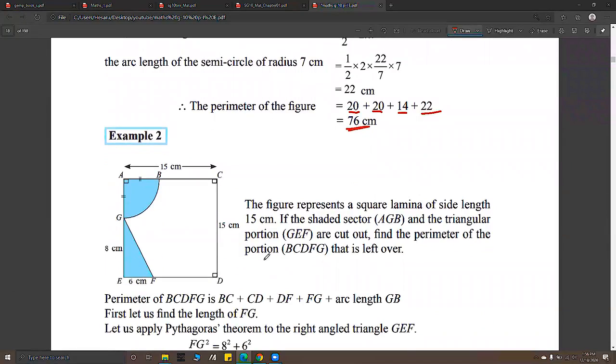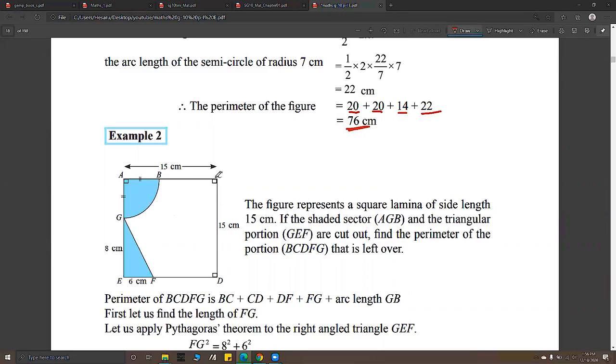In this case, the figure represents a square lamina of side length 15 centimeters. If the shaded sector, which is AGB, and the triangular portion GE are cut out, find the perimeter of the portion BCDFG. So we have to find out the perimeter of this white section. It's very simple.